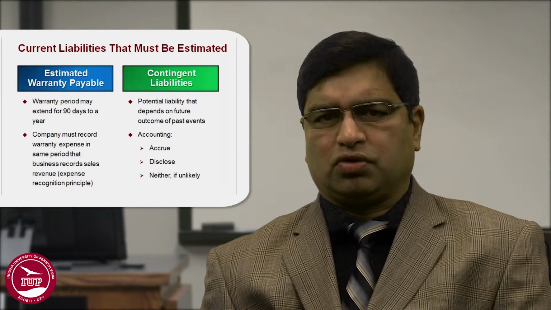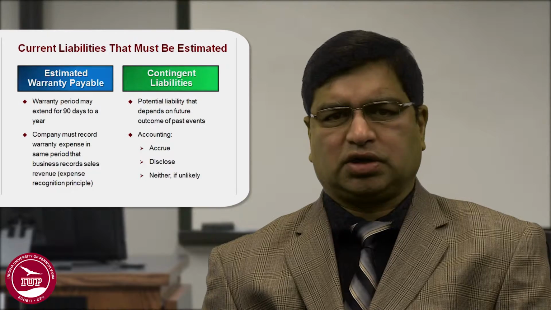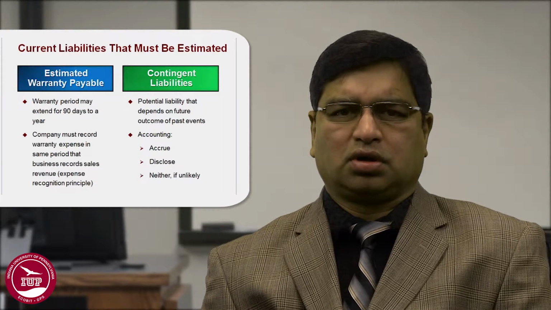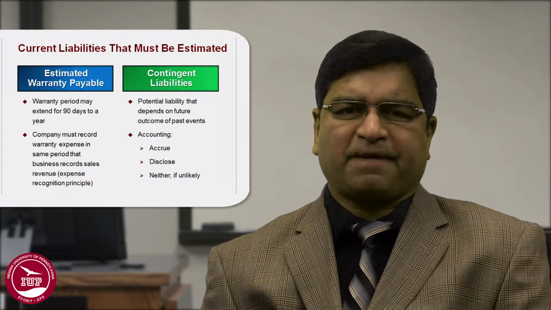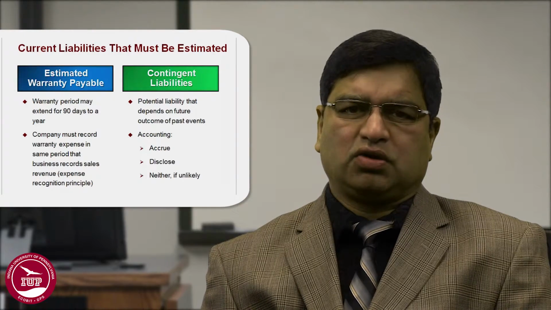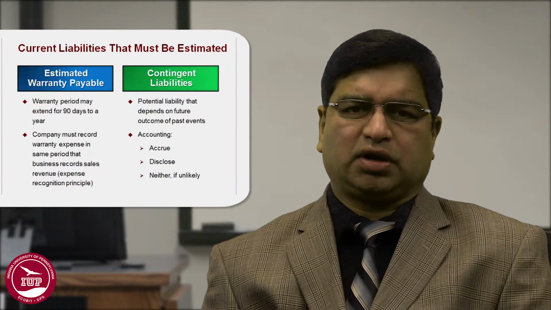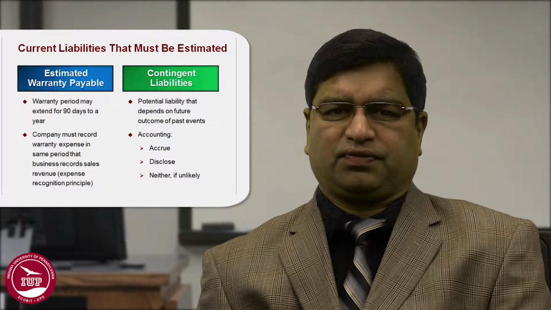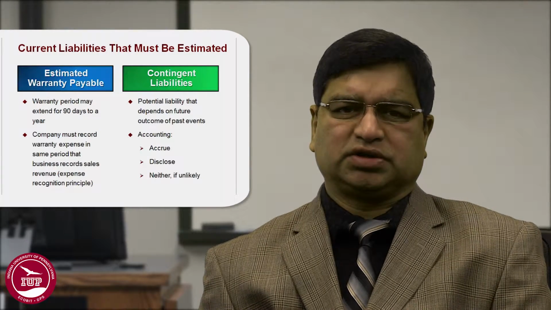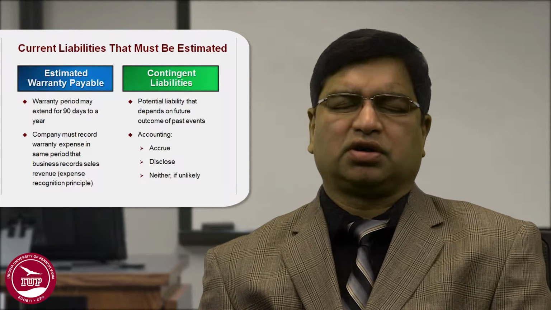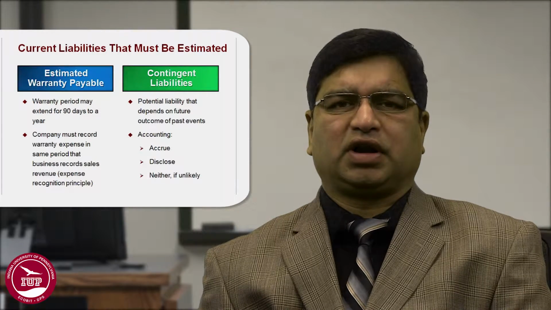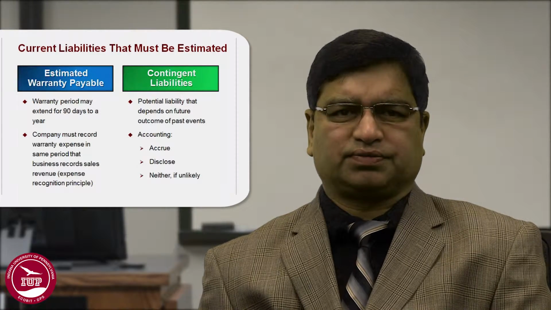And we don't know what the outcome is. So in that case, this liability is called a contingent liability. For accounting purposes, you can either accrue a contingent liability or disclose it in the footnotes of the financial statements, or do neither if the likelihood of that liability is nearly zero.